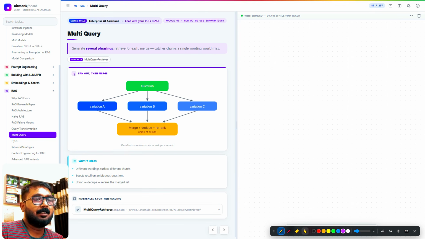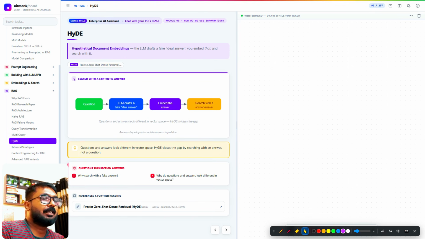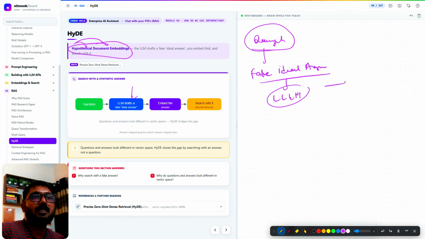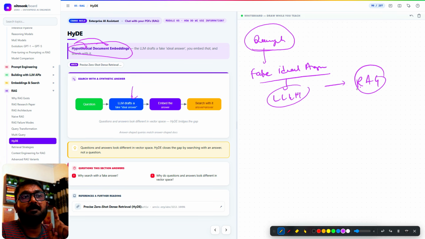That you already understand. Now HyDE, which you have seen many a time. This is hypothetical document embedding. What they do is, there is a question that the user asks, right? The question is being asked. Now they create a fake ideal answer by the LLM before it goes inside the RAG pipeline. RAG means Retrieval-Augmented Generation, so retrieval hasn't happened yet.